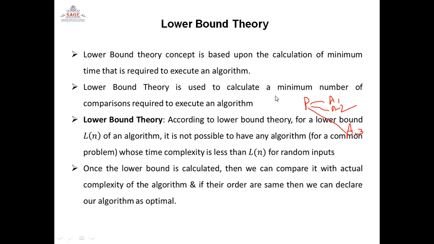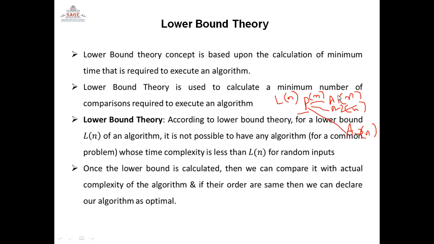If a lower bound is decided for solving this problem for n inputs, and we have designed the algorithms by taking n input itself, then for any algorithm it is not possible.